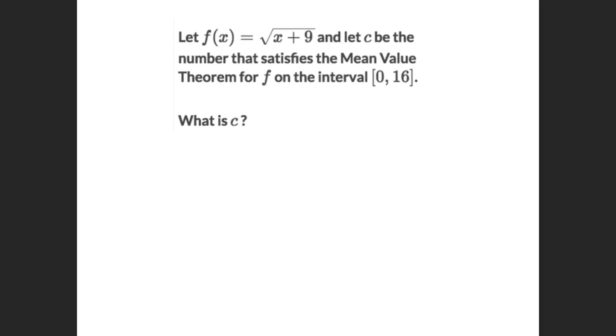It says, let f of x equal the square root of x plus 9, and let c be the number that satisfies the mean value theorem for f on the interval between 0 and 16. What is c?